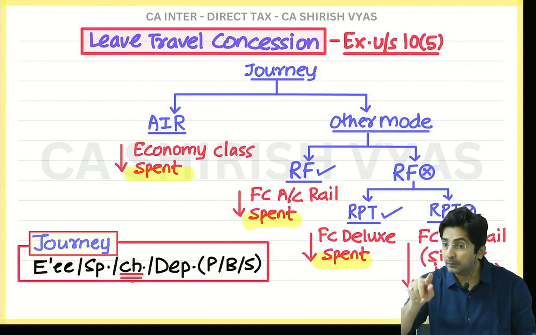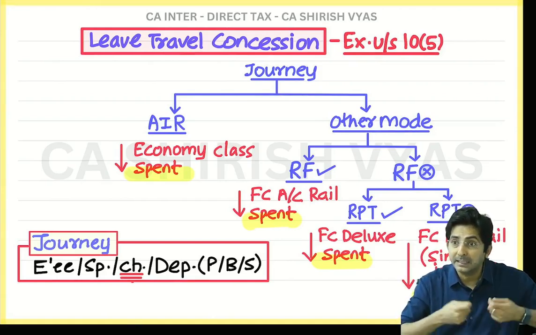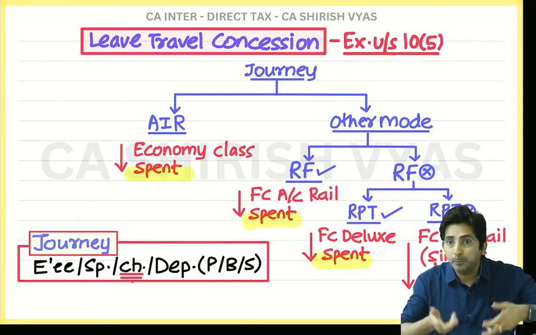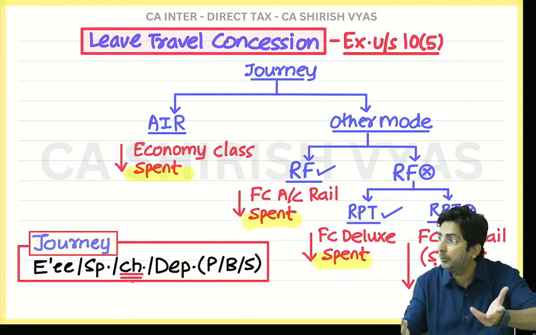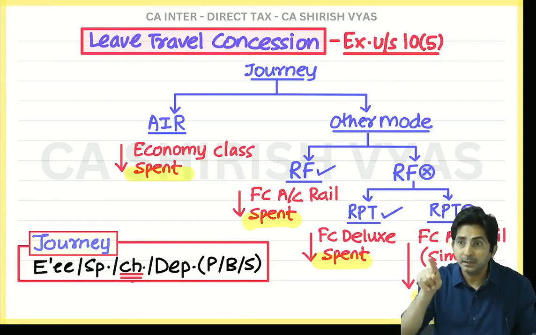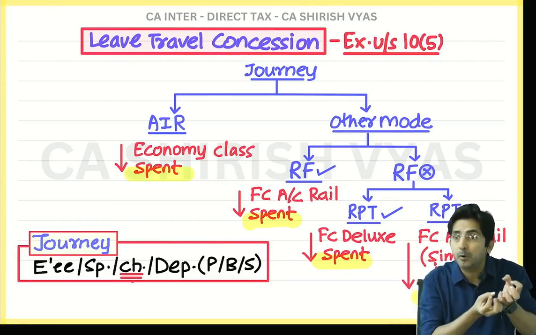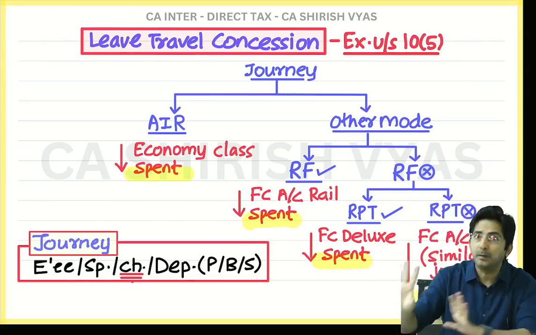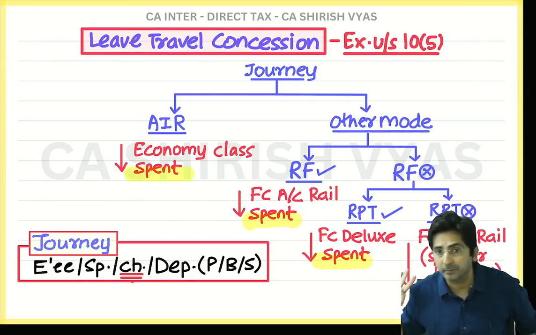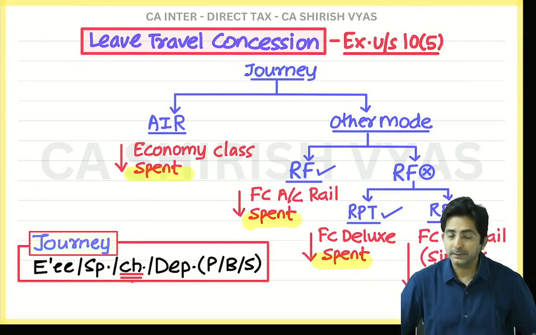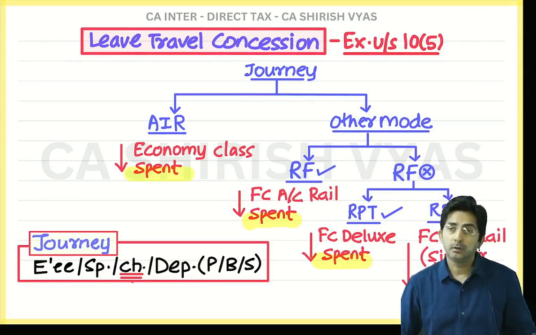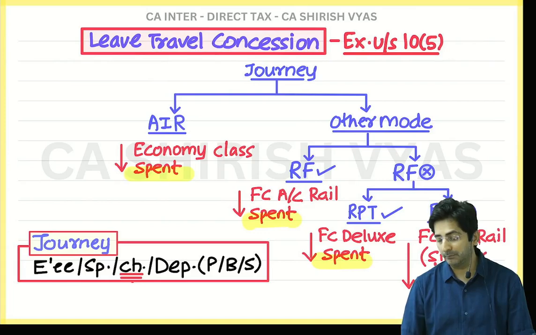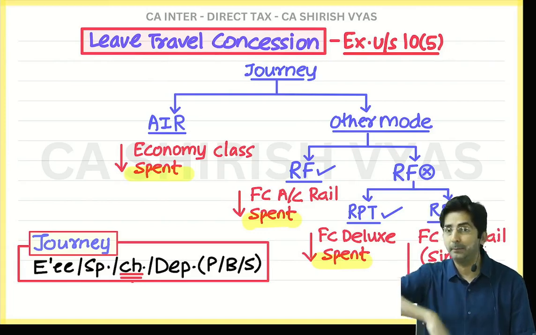Remaining 3 means for the remaining 3 children, the ticket amount provided by the company will become taxable. See here the tax on the money provided by the company for the tickets. That money will become taxable for those extra 3 children. Now see, again you should have a doubt. Sir, this limit thing we understand, but why was it not there in medical?